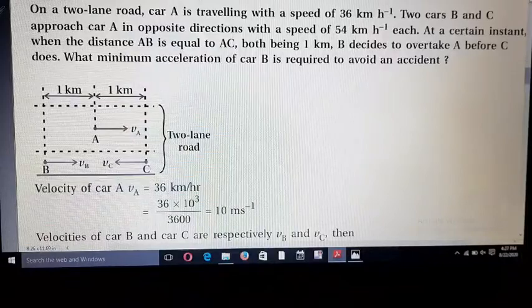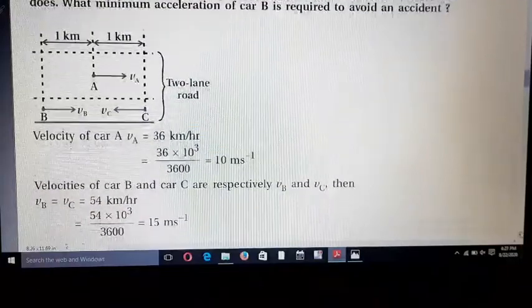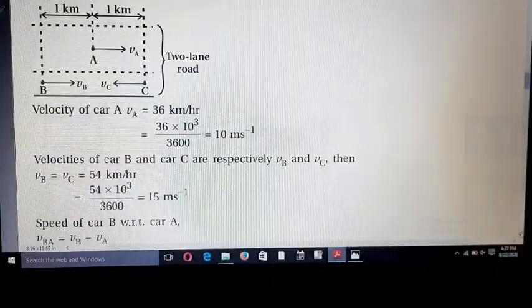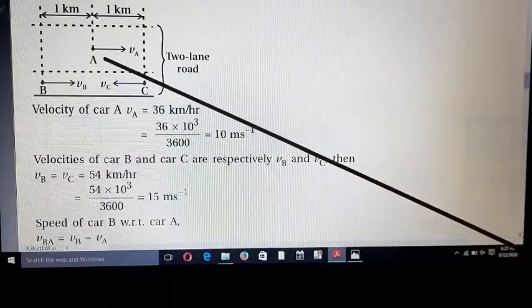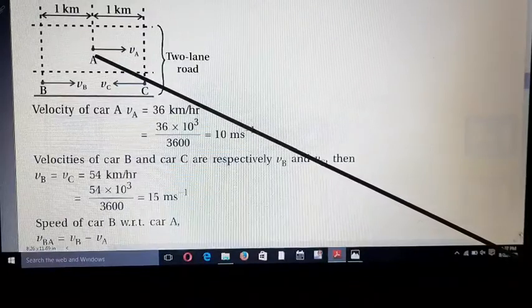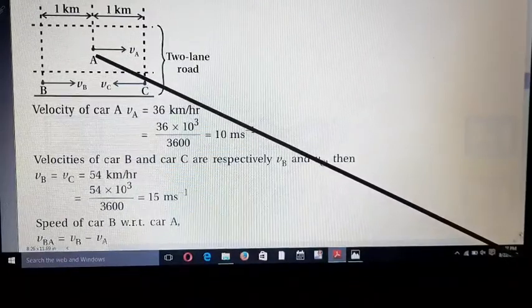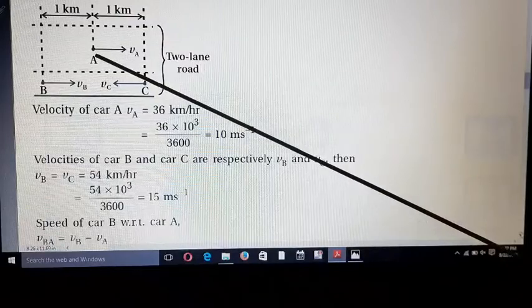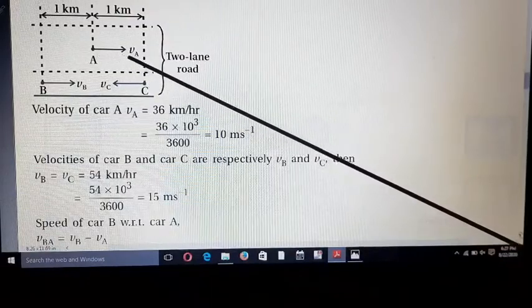Friends, first of all, look at the figure. Here we have a car A. It moves in the positive x direction and its velocity is Va.